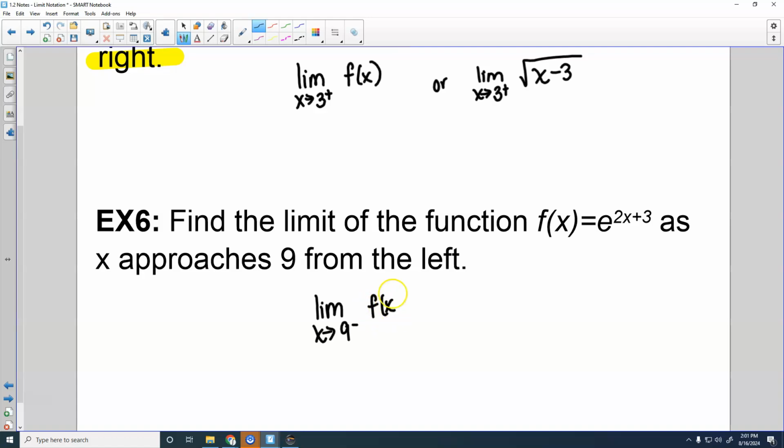You could just use the function name if you want, or you could do the limit as x approaches 9 from the left of e to the 2x plus 3. Everybody okay here so far?